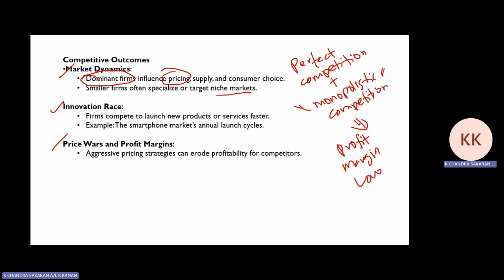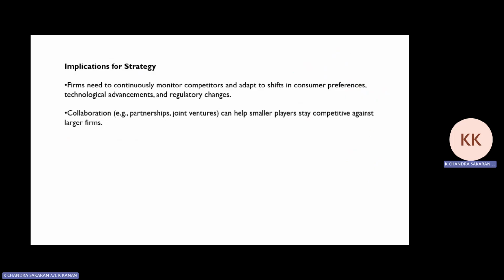one more slide. Implication of the strategy. So based on the strategy, the implication is that firms need to continue to monitor competitors and adapt to changes in consumer preference, technological changes, and regulatory changes. That means government regulation. They must follow that accordingly.